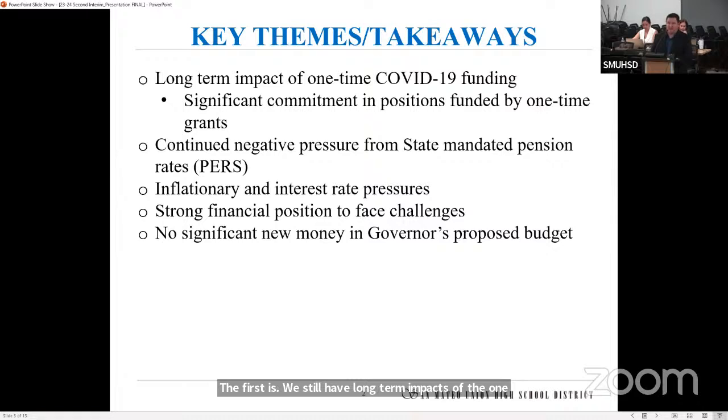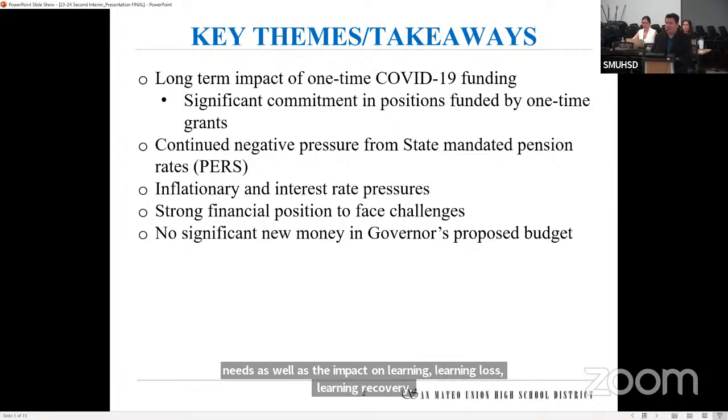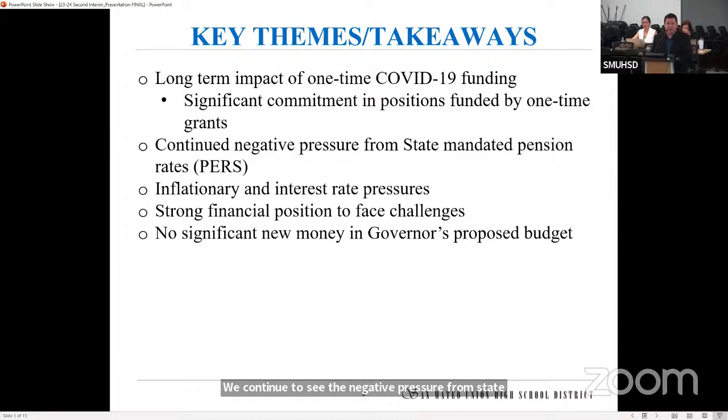We've had significant commitment in positions that were funded by one-time funds related to the significant needs that came up in COVID, both operational needs as well as the impact on learning loss and learning recovery. We continue to see the negative pressure from state-mandated pension rates. The STRS rate, which is about two-thirds of the impact, has actually plateaued now at 19.1%, up from 8.25%, so over a 10% increase in that.